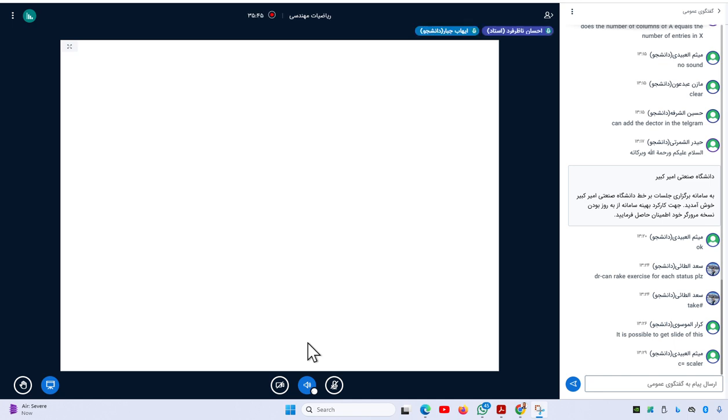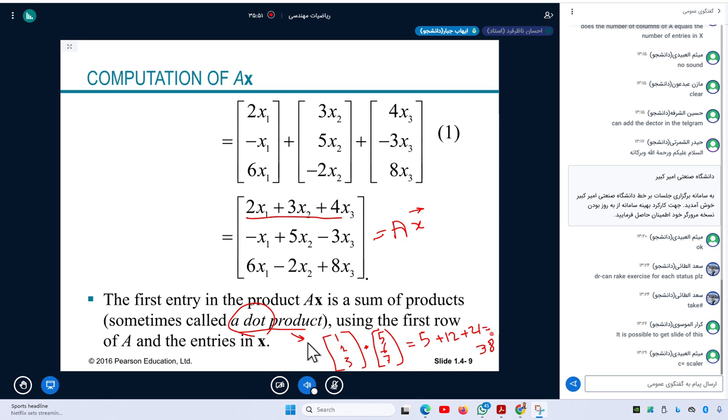Doctor, could you repeat that example again? Could you explain some more? Okay. If you multiply two vectors, this is a dot product. It is not a regular product. This is called the dot product.